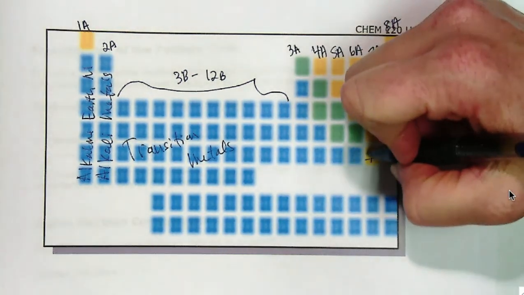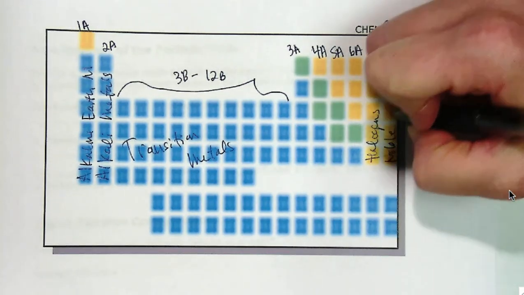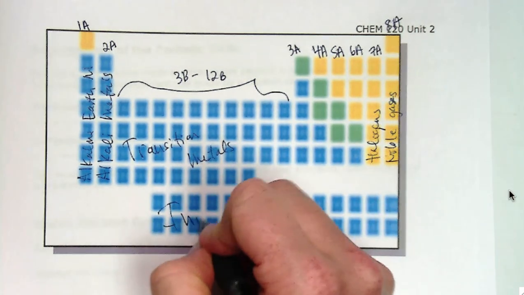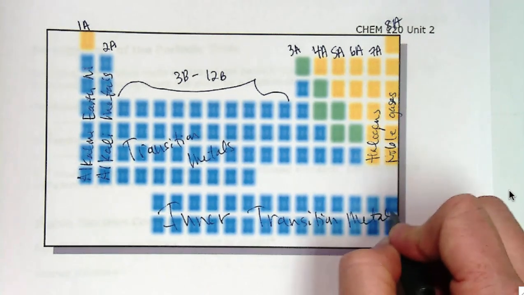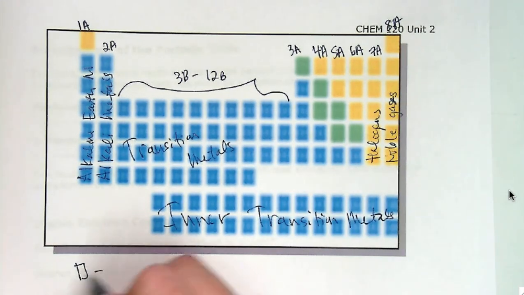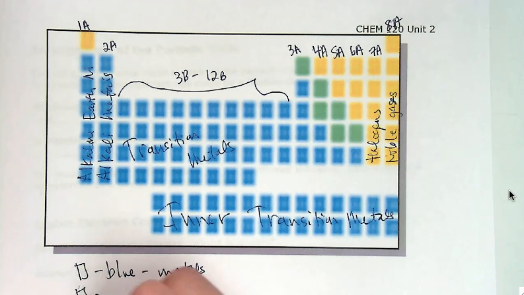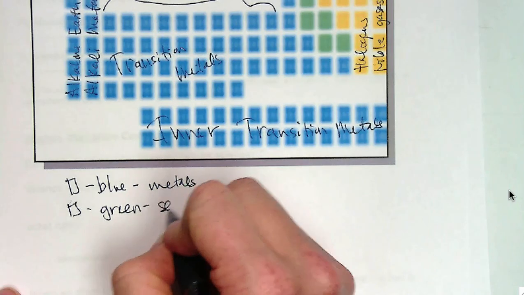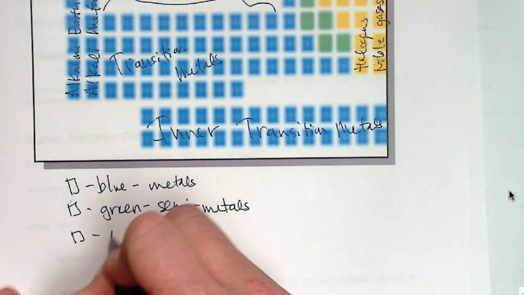Group 7A is halogens. Group 8A is noble gases. Over here we have the inner transition metals. All right, so you have your blue. Blue is metals. You have your green. Semi-metals. And then you have your yellow.